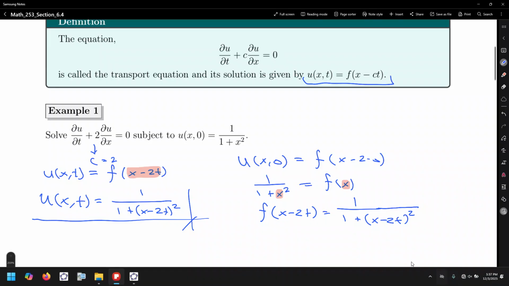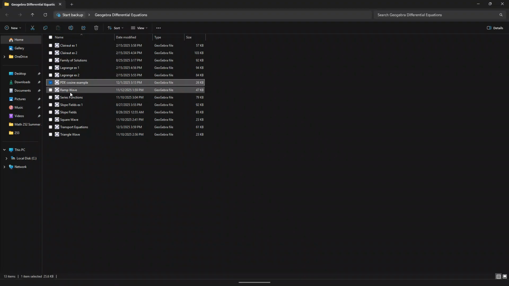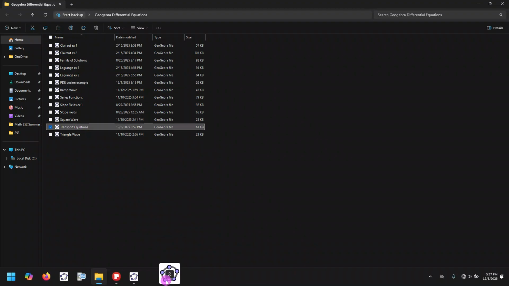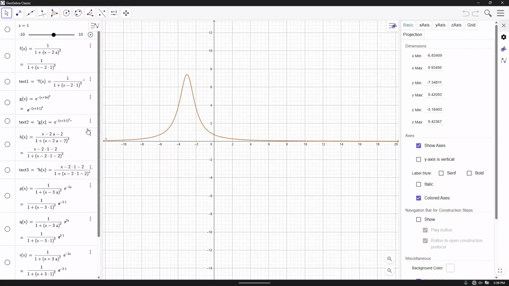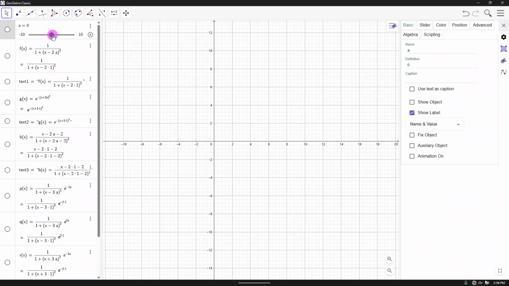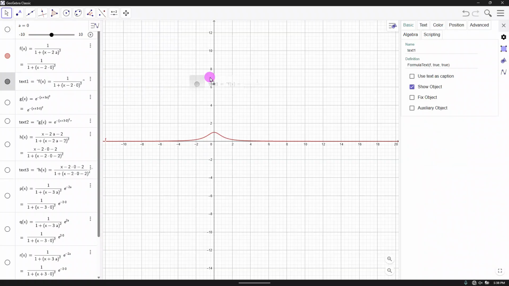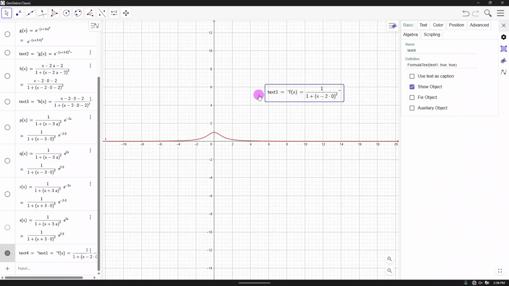Let me show you what we mean by a transport equation with the graph. Let's consider the solution right here where a equals 0.